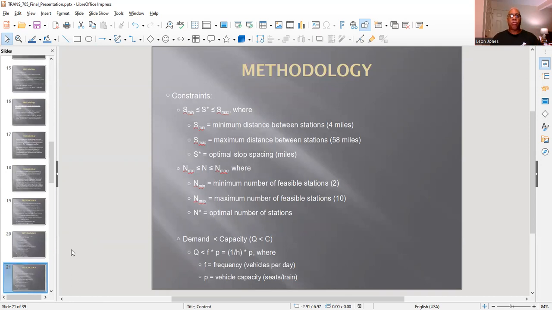And there are also constraints. And constraints will be coming up later. It's going to be a different kind of constraint. But you have to have your constraints, like your distance between stations, your number of feasible stations. You can never forget that with every project, there are going to be constraints.